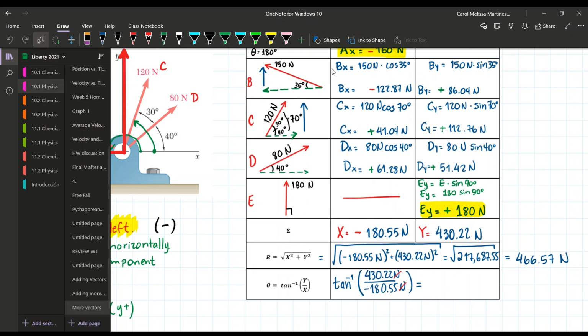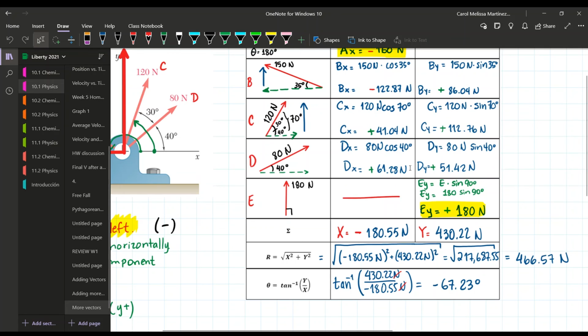So this will give you arctangent of 430.22 divided by negative 180.55, close parentheses. I performed this in the calculator and I got an angle of negative 67.23 degrees.